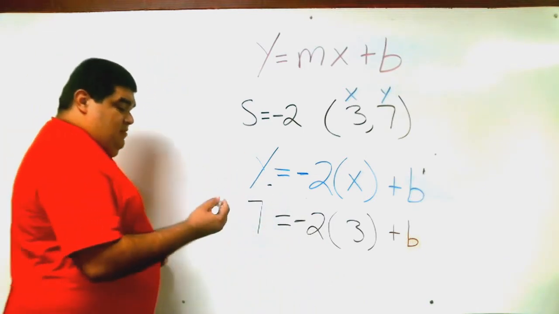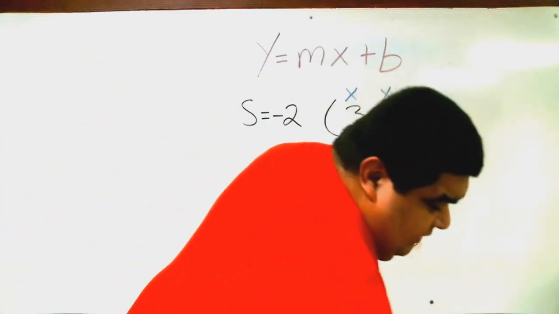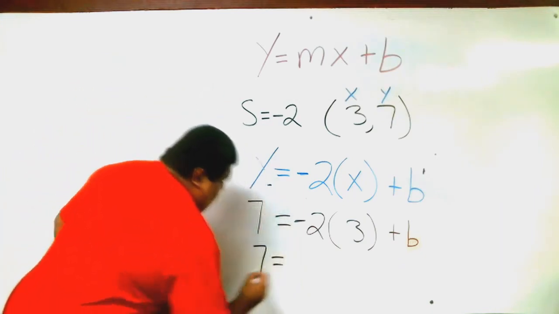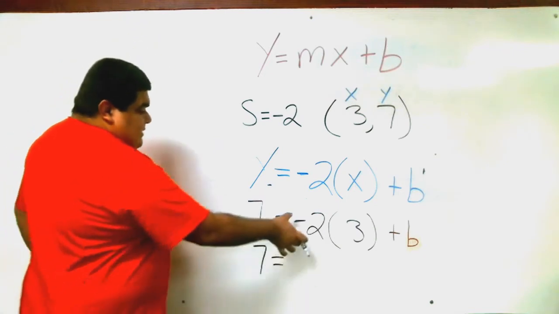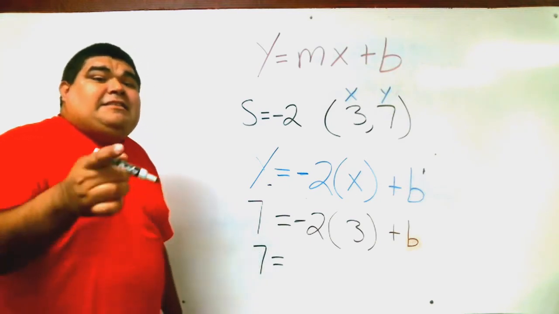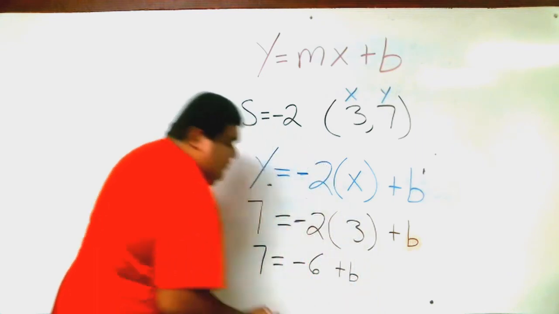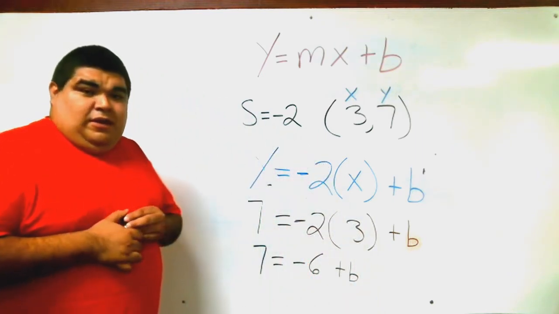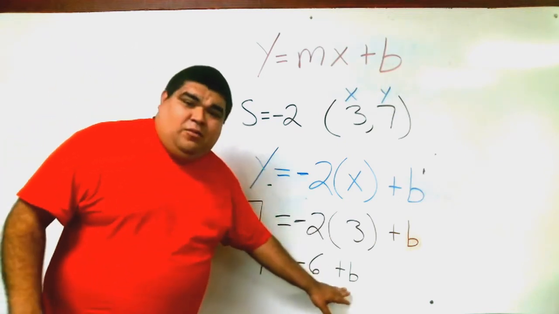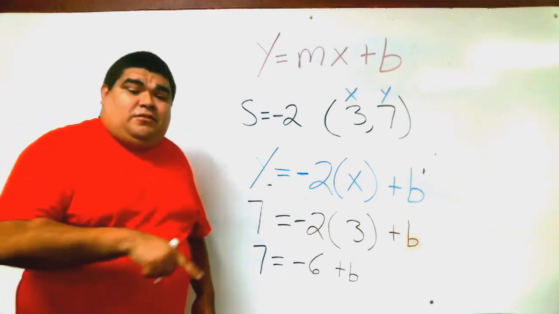So we have 7 equals negative 2 times 3. Negative 2 times 3 is negative 6. So negative 6 plus b, because we still have that b there. We still have one more step, because we have to get that b alone. So we move the negative 6 to the other side.